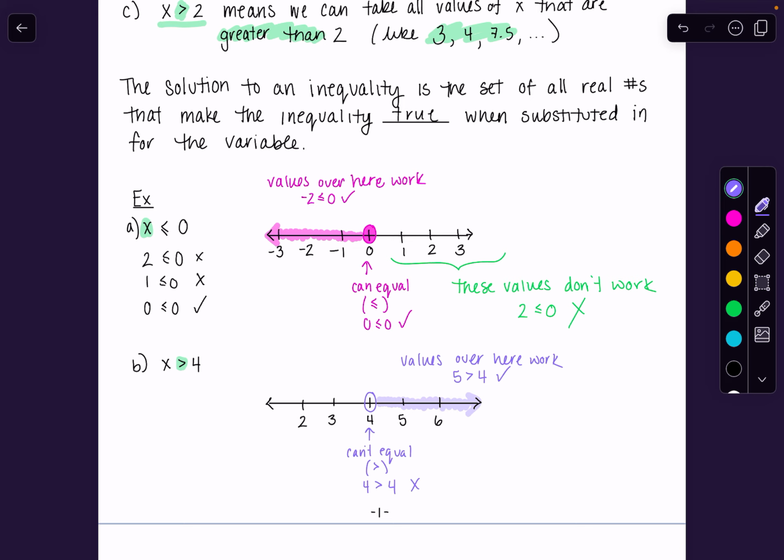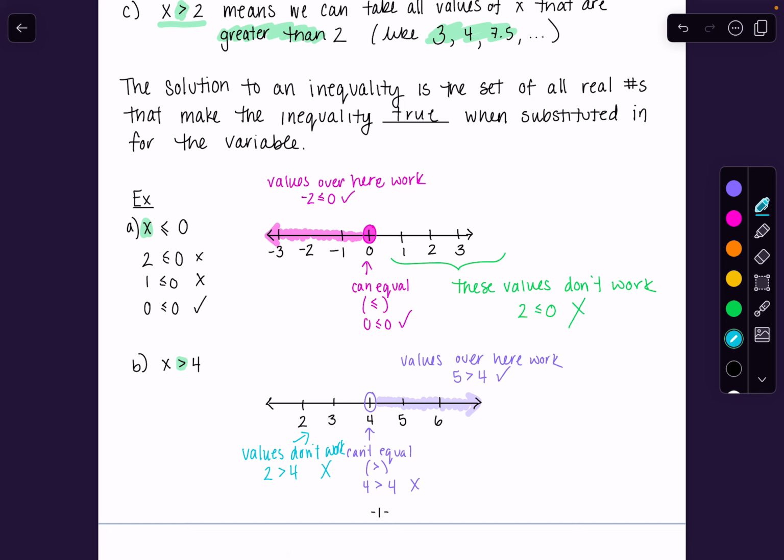If I replace x by 5, it works. But the values on this side don't. If you try to plug in 2, 2 is greater than 4 is not a true statement.